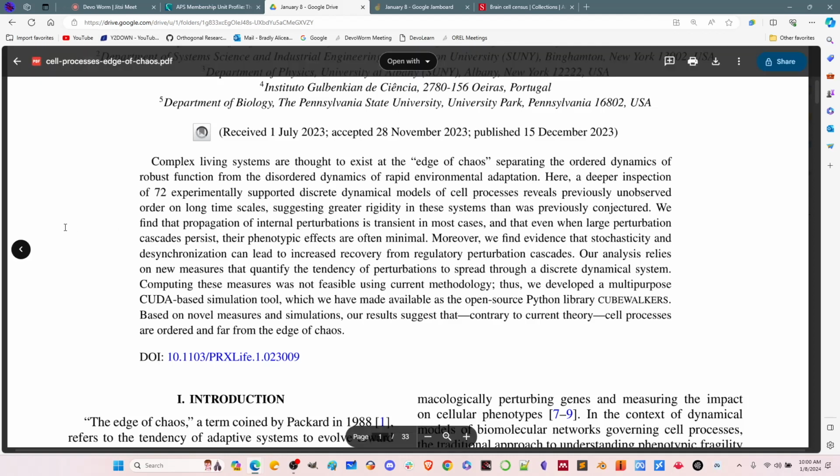And even when large perturbation cascades persist, which could be where you experience a very large perturbation to that system, and there are all sorts of things that result from that. So, say, for example, a large-scale environmental perturbation on a species, you might have not an extinction, but a large die-off, that those effects are often minimal, but sometimes they can be fairly large.